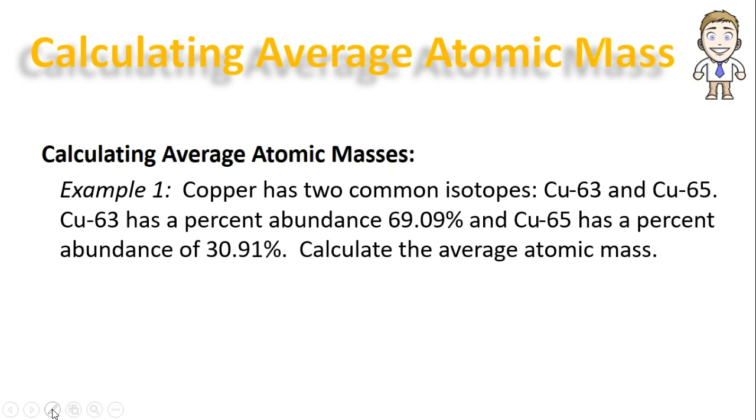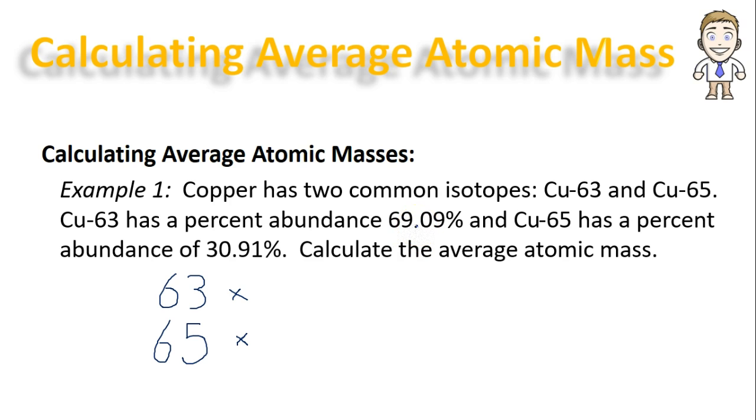So the first thing you do is take all the different masses of all the different isotopes you have, and I just like to write them out in a vertical line. In this case, it's nice and easy. We only have two isotopes, 63 and 65, so you just list them like that. You're going to take each of those masses and multiply them by the corresponding percentage.